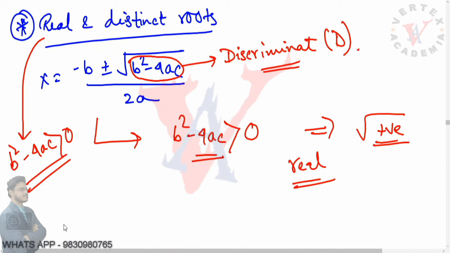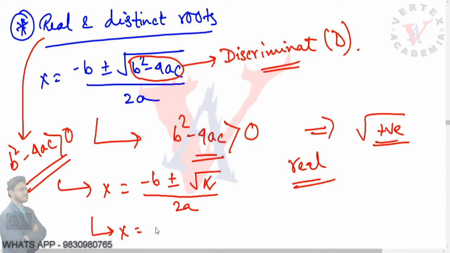Then we get x equals minus b plus minus root over some positive constant k, by 2a, and thus we have two values of x, that is minus b plus root k by 2a and minus b minus root k by 2a.